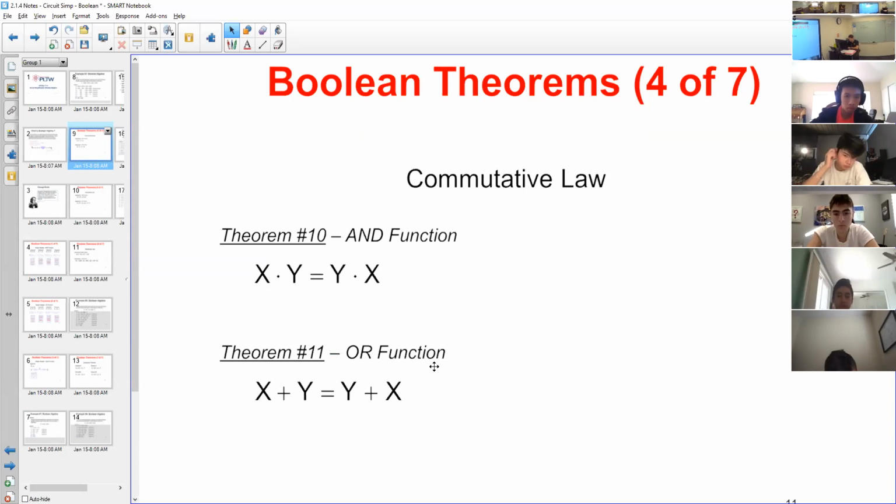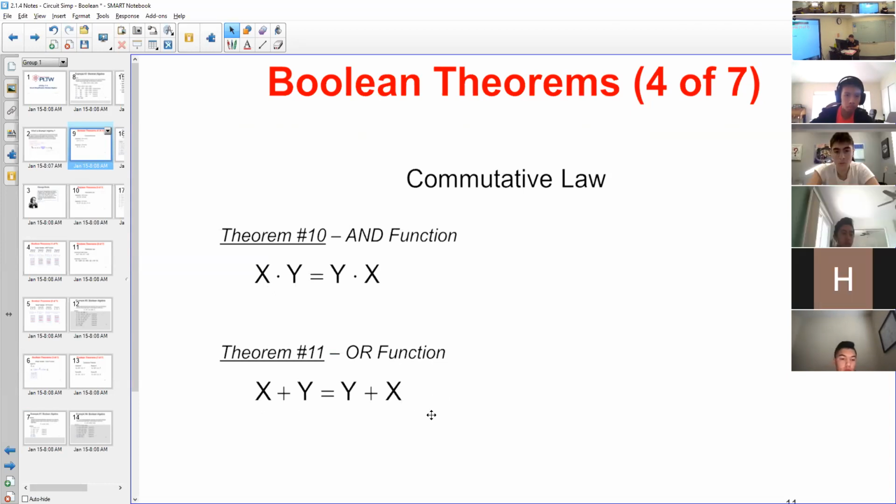Adding 2 plus 3 is the same as adding 3 plus 2. It works just the same way in circuits. So the order doesn't matter when you're adding them together. So in other words, when you've got a bunch of things multiplied together, rearranging the order to help you see patterns is fine. When you're adding a bunch of things together, rearranging the order to combine things is fine. All right, so that is theorem 10 and theorem 11, the commutative laws, just like in math.